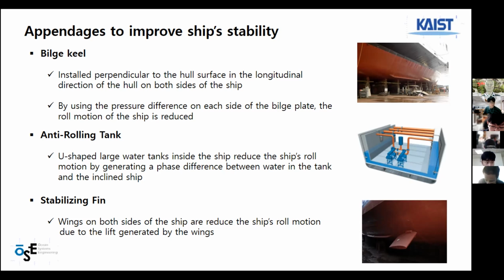And second, the anti-rolling tank. As you see in the right picture, there is a U-shaped large water tank inside the ship. It can reduce the ship's roll motion by generating a phase difference between the water in the tank and the inclined ship.